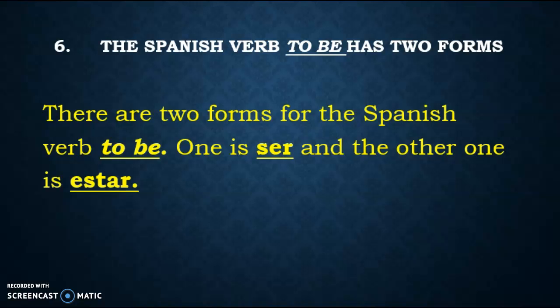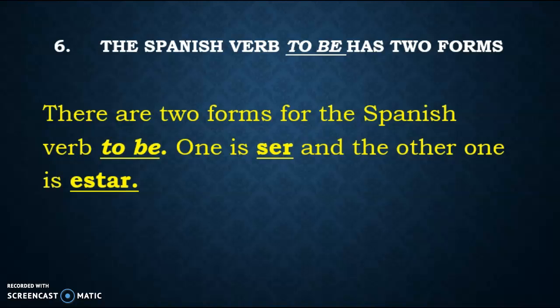The verb is used for description such as names, relations, nationality, and physical description. You use the verb ser when you describe an occupation or what a person spends time doing, such as being a student or gardener. Ser is used to describe someone's personality or the time, year, day, month, and date.